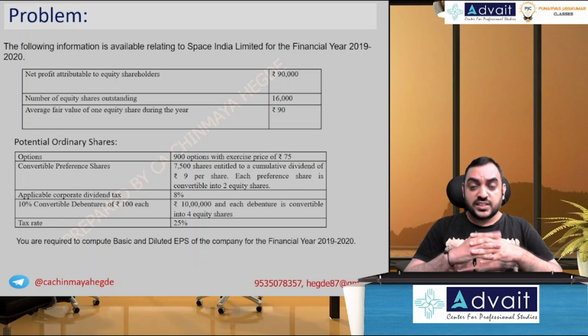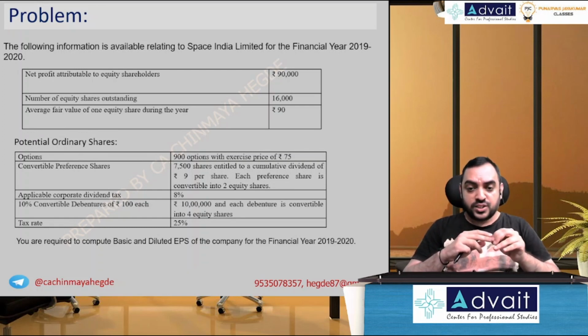Convertible preference shares, 7,500 shares entitled to cumulative dividend of 9 per share. Each preference share is convertible into 2 equity shares. Applicable corporate dividend tax 8%. 10% convertible debentures, rupees 10 lakh, each debenture convertible into 4 equity shares. Tax rate 25%. You're required to compute the basic and diluted EPS for the financial year 2019.